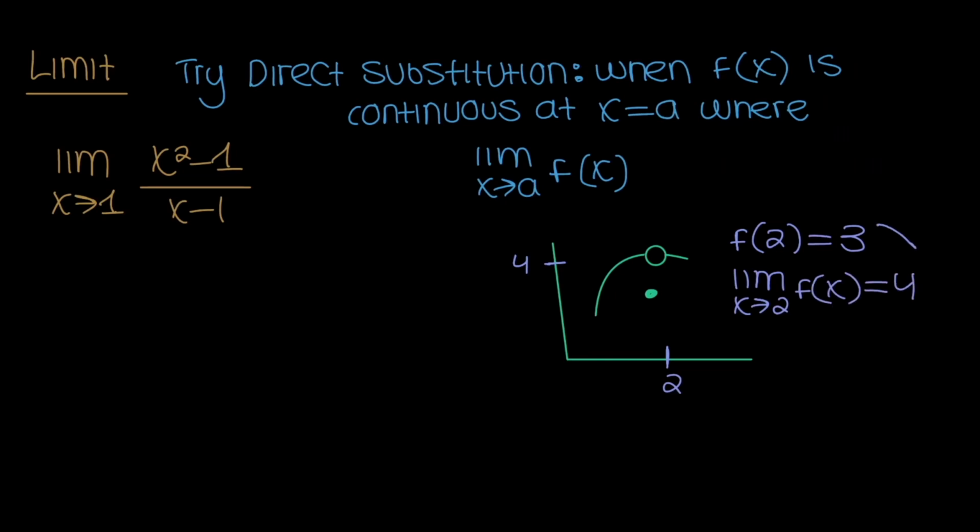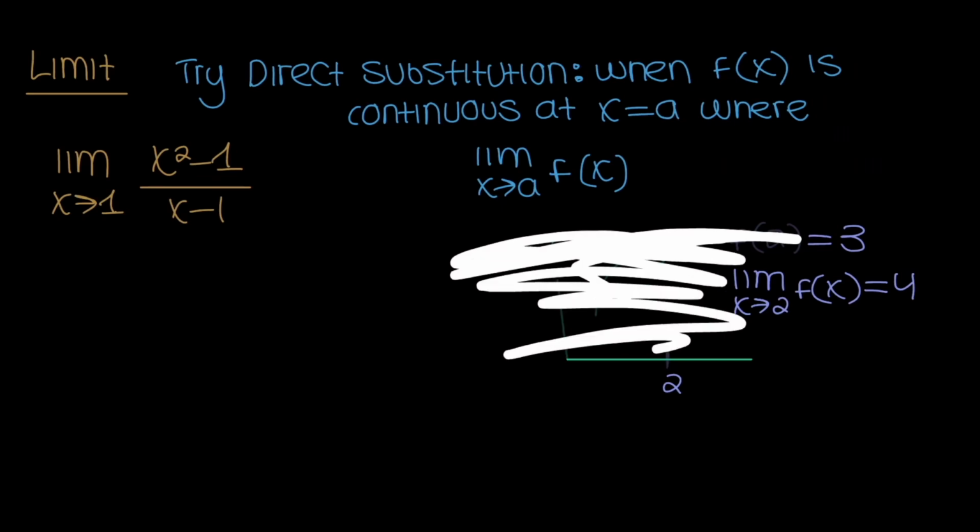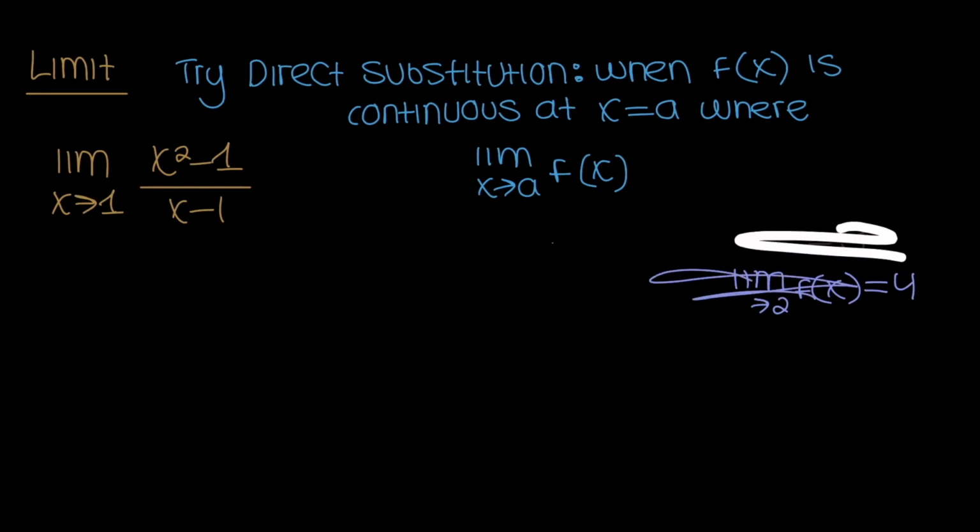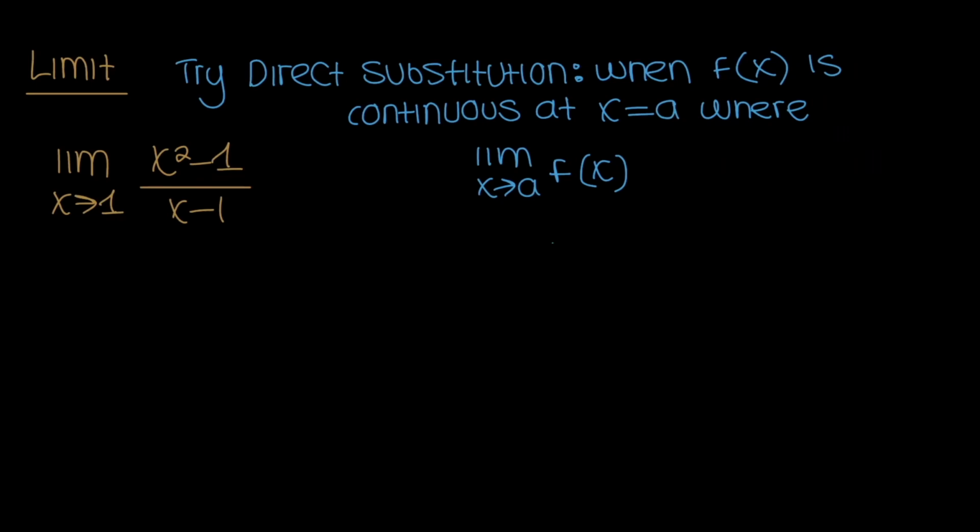So this is not a continuous case because we have a hole here, and just plugging in a value won't tell you whether something is continuous or not. But keep this in the back of your head. This is a later topic. I just like introducing definitions early so that when they do come to you, they make sense. Okay.